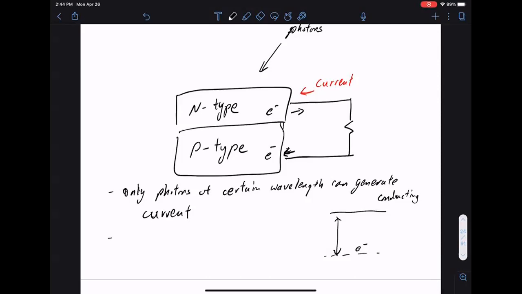So what this means is these are not 100% efficient. Actually, efficiency is quite low. If you remember the solar energy we talked about before, this 1.3 kilowatt per meter squared, that's a lot of power, but that's over the entire spectrum, right?